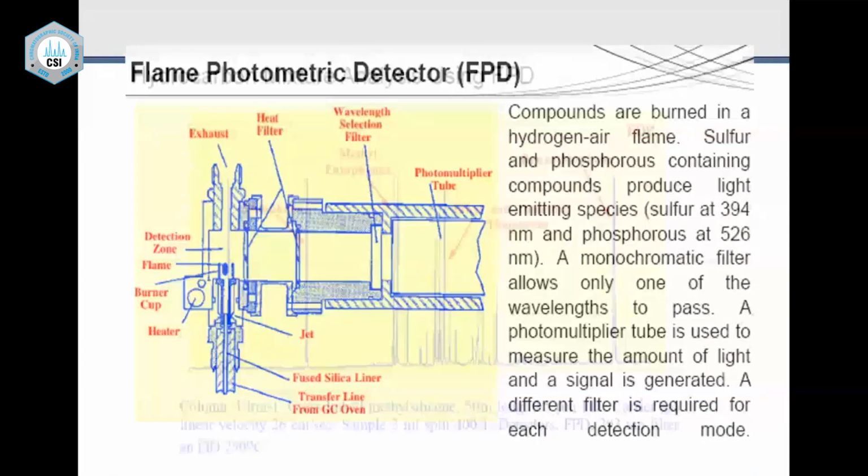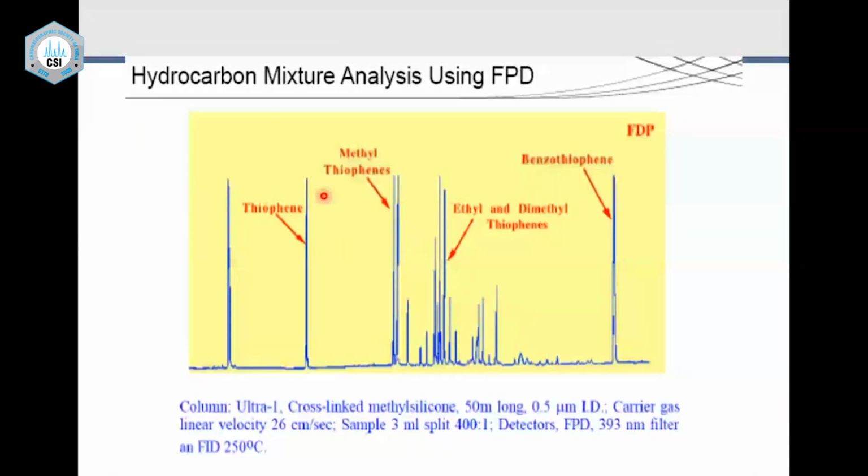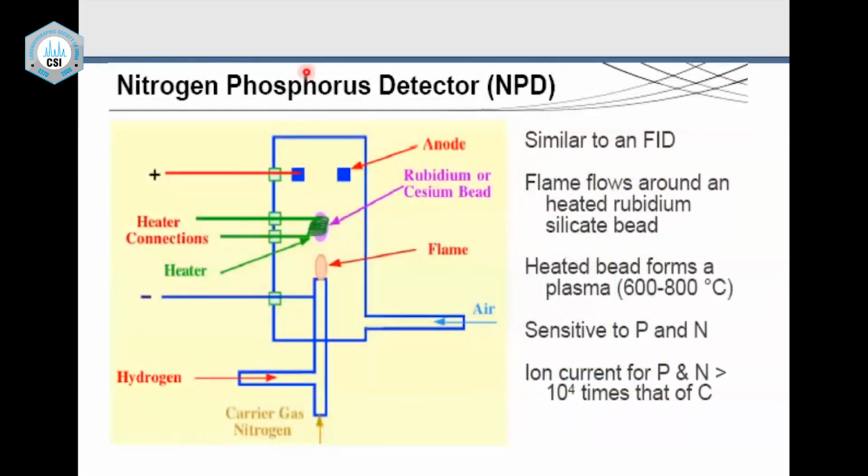There is another detector. This is the gas chromatogram for sulfur-containing thiophenes and other compounds which are analyzed by the FPD, flame photometric detector, which is sensitive for sulfur and phosphorus. There is another detector which is called the nitrogen phosphorus detector. It is sensitive to nitrogen and phosphorus-containing organic compounds.